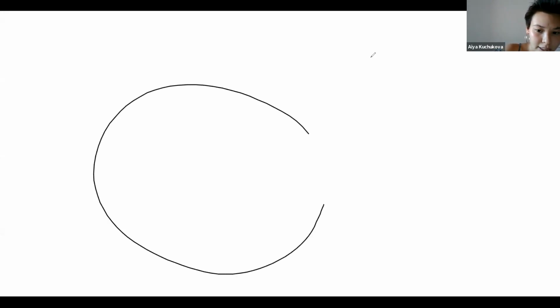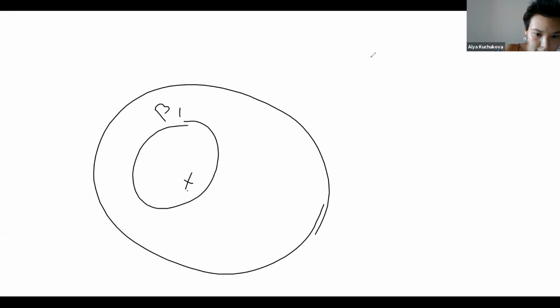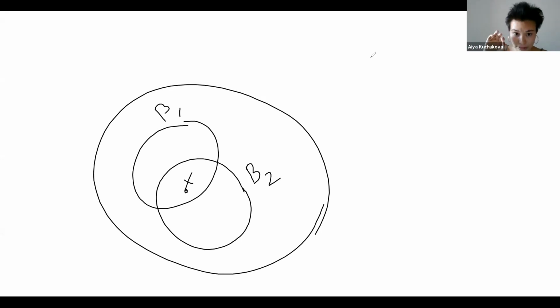Okay. So that was our stuff with balls. And so how do we prove the second condition of basis? See, if you have a specific element x, and it's in one of the bases B1, and it's in the second basis B2, of course, you can always take a basis that is centered at x, and because we just proved that you can always choose a distance so that it stays inside of this ball, and then it stays inside of this ball, we can of course make it so small it stays inside of their intersection, right?